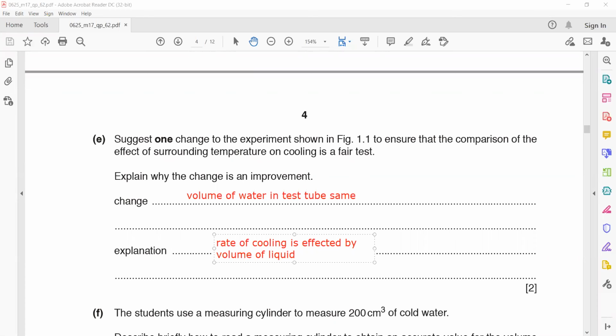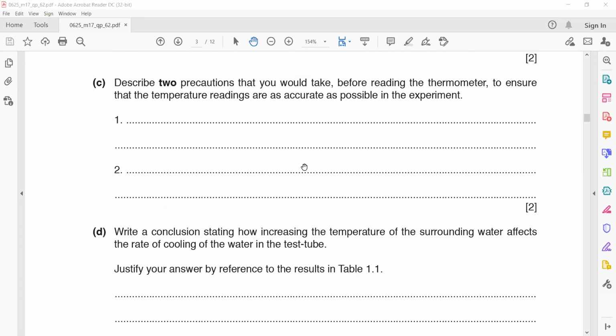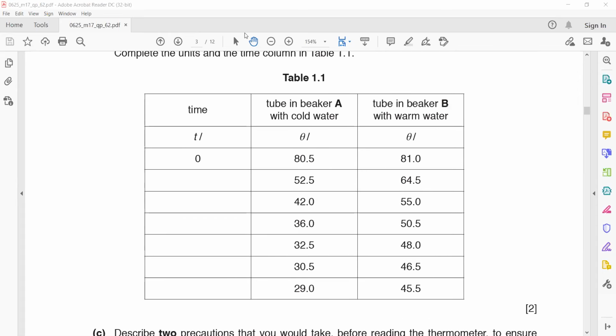You can mention that the tube in the first experiment was at 80.5, but in the second experiment it is 81. So there is a different initial temperature.